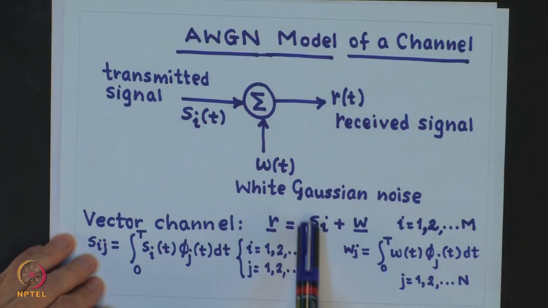Now, a signal constellation is nothing but the signal vector representing a particular message signal.